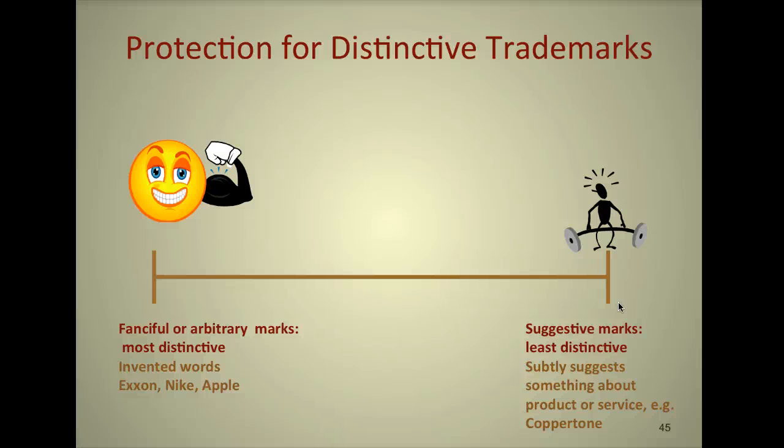Coppertone sort of suggests what the product might be, but it doesn't actually use the descriptor, it just hints at what the product is. So that's still distinctive, but it's not as distinctive as a fanciful or arbitrary mark.